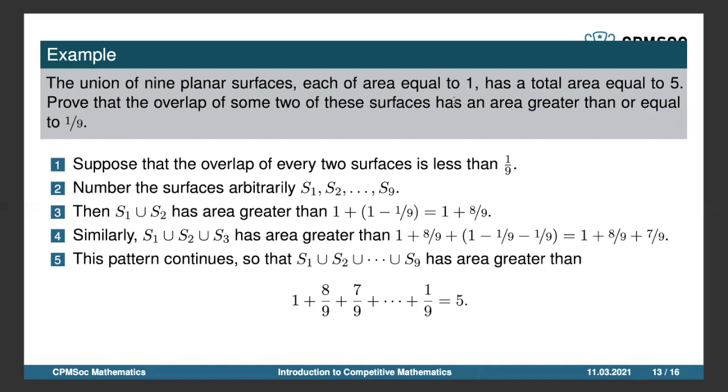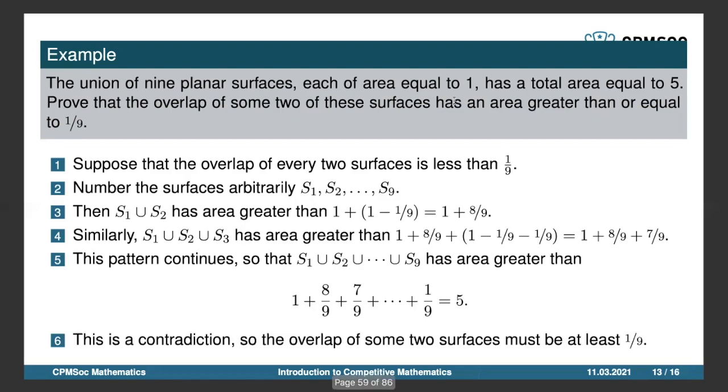So from our original assumption that every intersection of two surfaces has area less than 1/9, we've reached the conclusion that the combined area of all 9 figures is greater than 5. And this is very problematic because if we see the original statement, the total area has to equal 5. It can't be more than 5. So we have reached a contradiction.